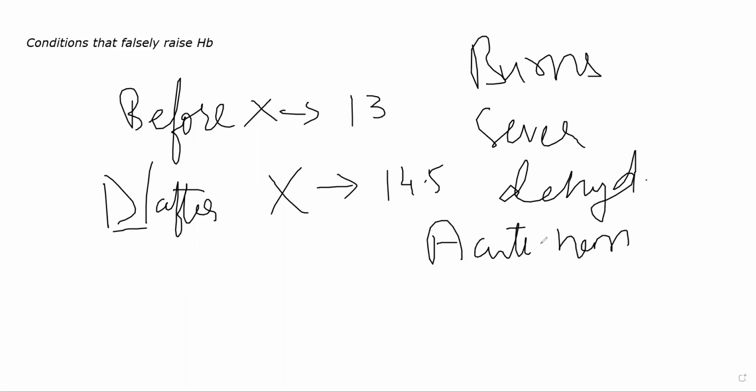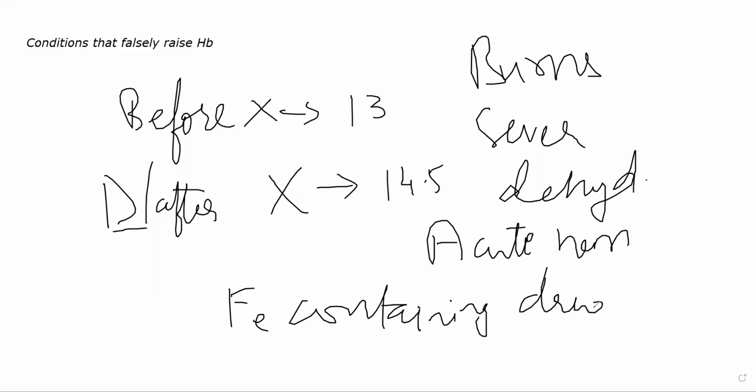Generally, in acute hemorrhage, plasma loss will be much more when compared to formed elements. And let's suppose the patient is taking IV iron containing drugs. In all of these conditions, the patient's hemoglobin levels will appear higher.